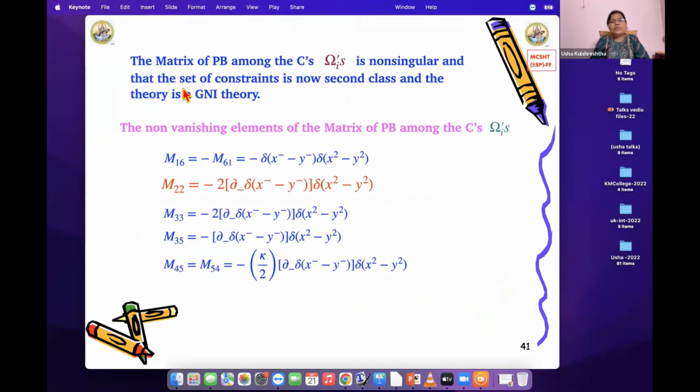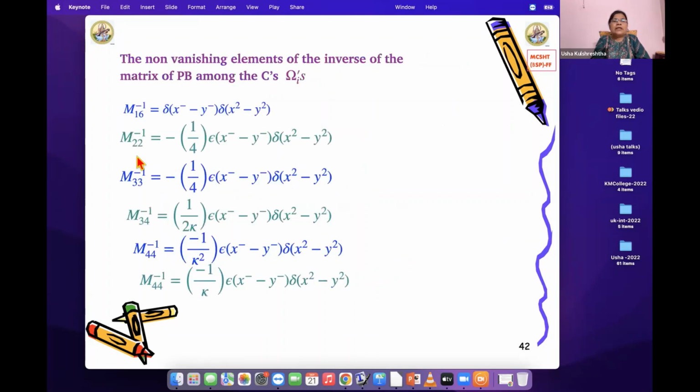Now, the matrix of Poisson brackets among these constraints is non-singular with these gauge fixing conditions, so the set of constraints becomes second class, and the theory becomes a gauge non-invariant theory. I have written here the non-vanishing elements of the matrix, and then the non-vanishing elements of the inverse of this matrix.